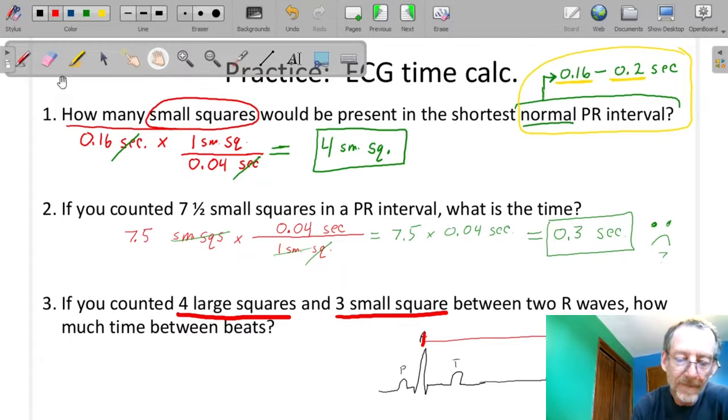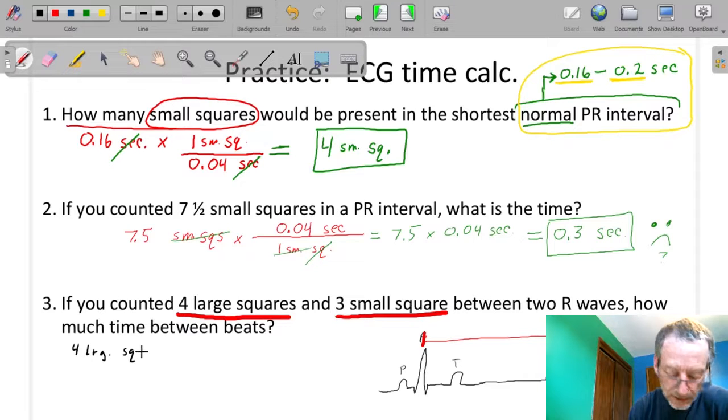We have 4 large squares, and they are equal to 0.2. So if we multiply 4 large squares times 0.2 seconds per square, we should wind up with 0.8 seconds.